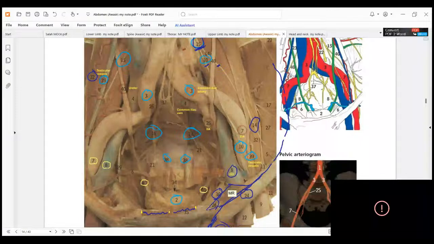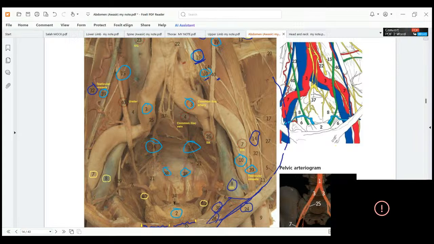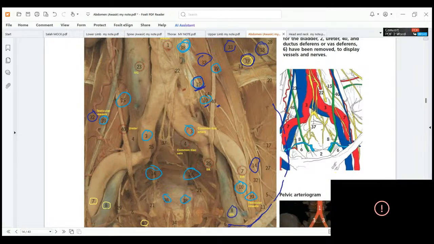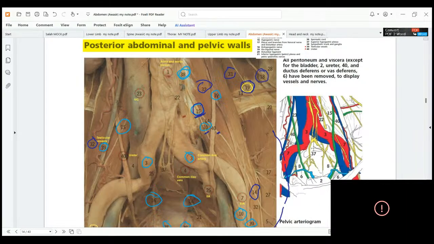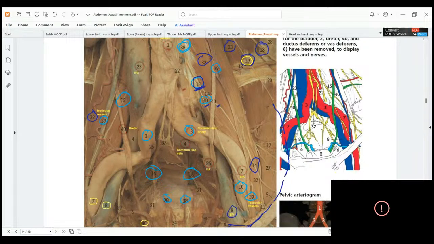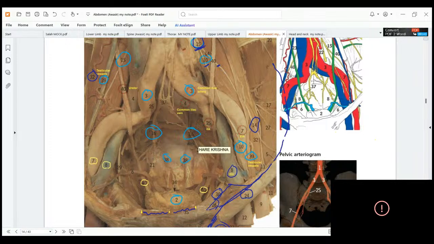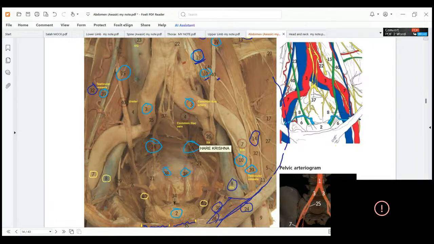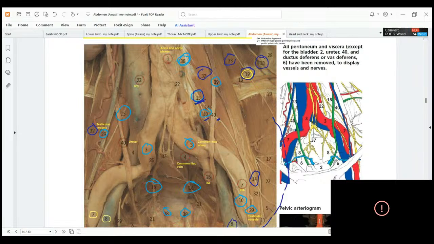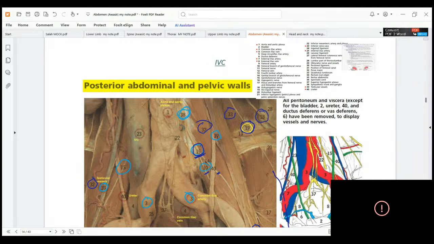23, inferior vena cava. 25, internal cavity. 39 is testicular vessel.